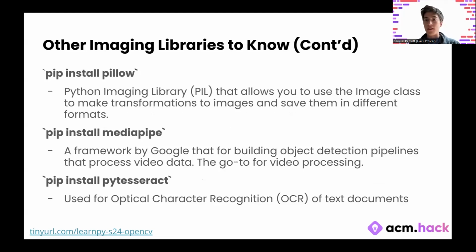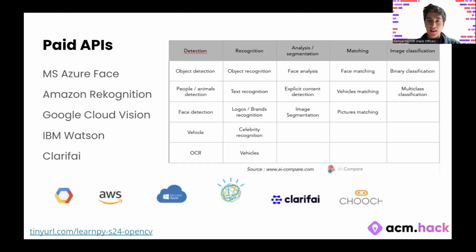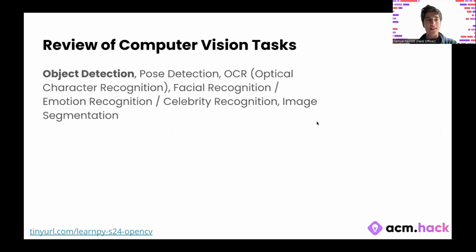MediaPipe is used for doing computer vision tasks on video data, and Tesseract is used for OCR. OpenCV is an open source computer vision API, but there are many others you can pay to use that are arguably better at the different tasks you're trying to do. If you are interested, feel free to check some of those out.